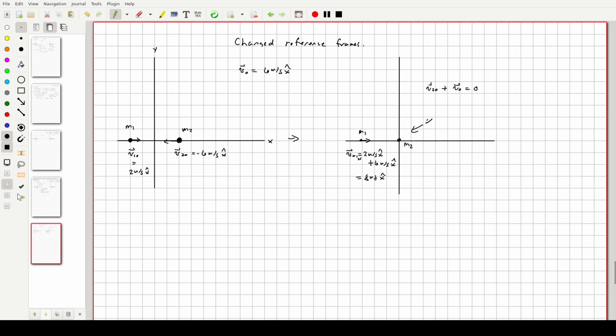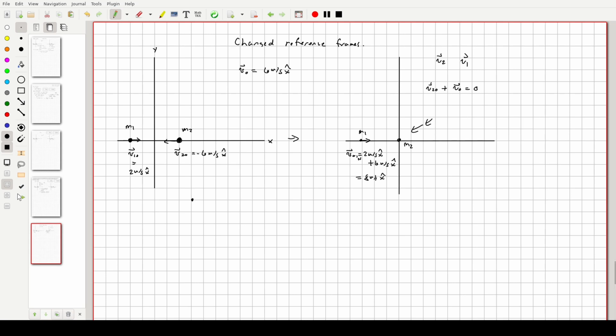You work the problem in this frame, and then once you, in this particular frame, get V2 and V1 as vectors, you subtract away the 6 meters per second. So you add it at the beginning to solve the problem, and then you subtract it away, and you will get the correct answer.